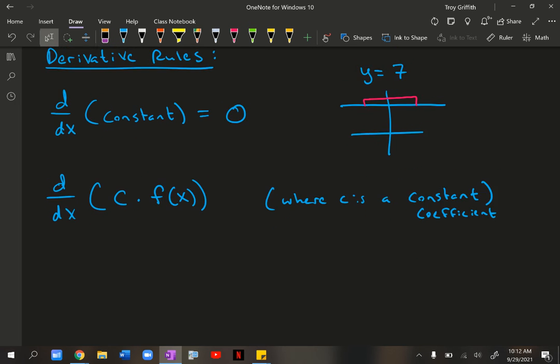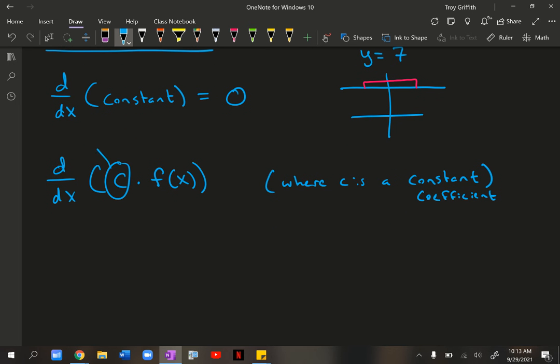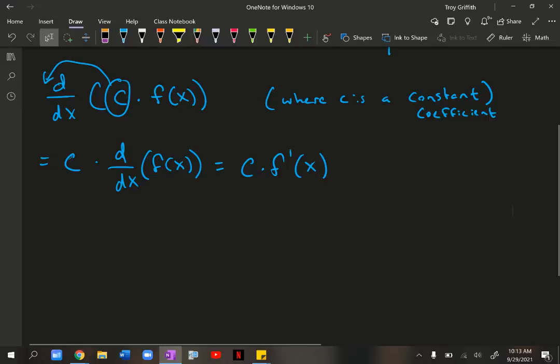What I can do is take this c value out to the front, and make this c times d/dx of f of x, or in nicer notation, c times f prime of x. So I can take a constant coefficient and move it out to the front. And we'll do an example where we try this in just a moment.